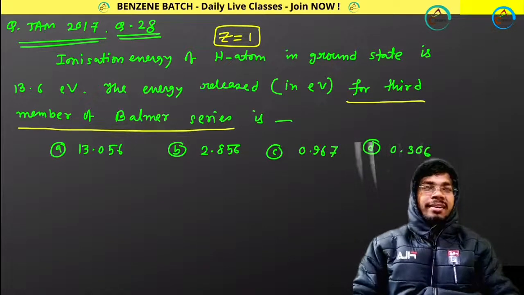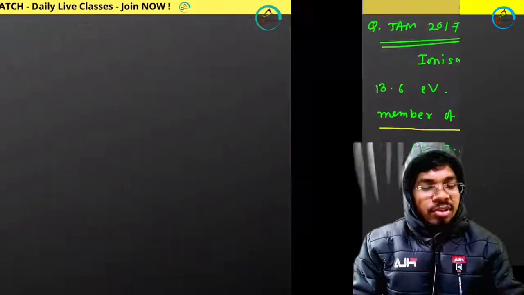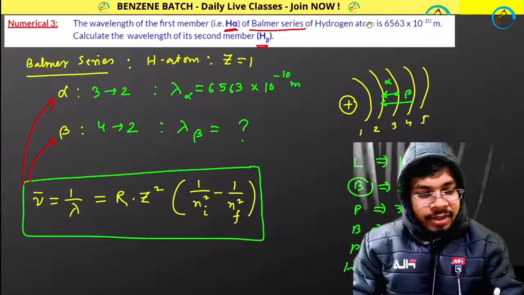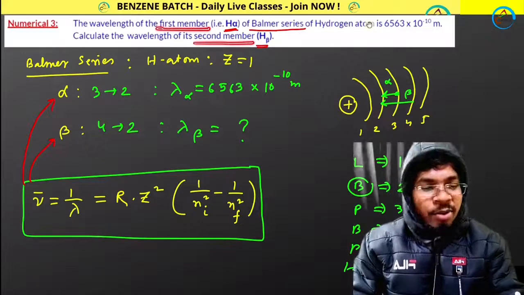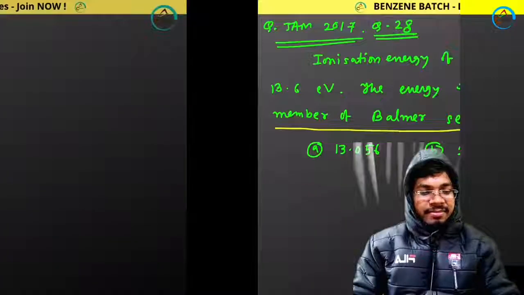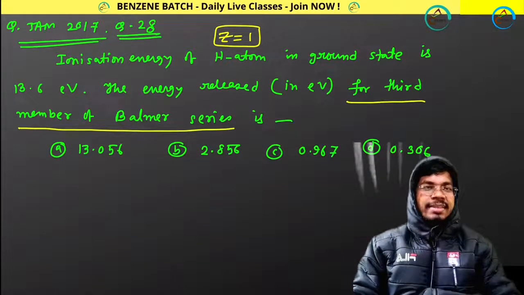Anybody? Let's see. Actually, I have already done these kinds of problems. Which one? This one. First member, second member. So can you tell me what you mean by third member of Balmer series?